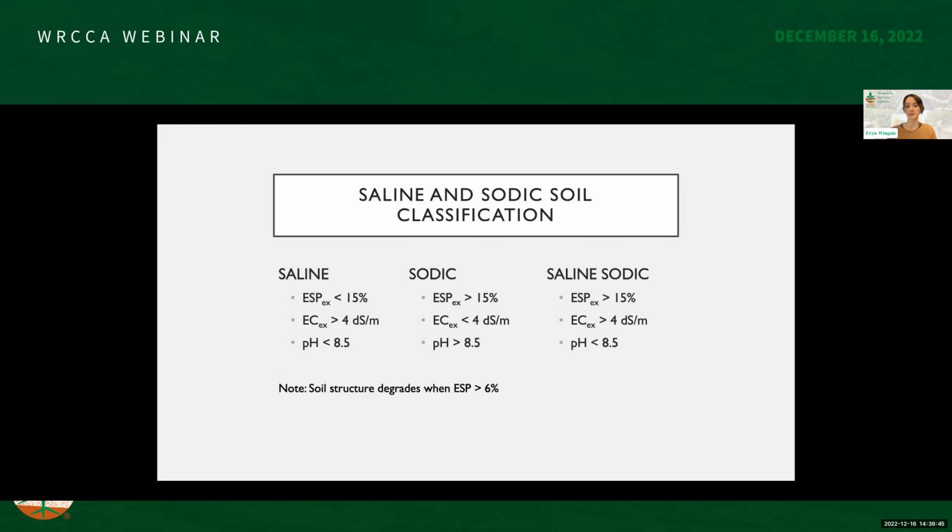And then saline sodic is like, you've got high electrical conductivity and a very high percent sodium on those exchange sites. So these classifications are showing pretty bad issues, especially for the sodic soil. It doesn't gain that sodic classification until ESP is above 15%, but we see structure degrading when ESP is above 6%.